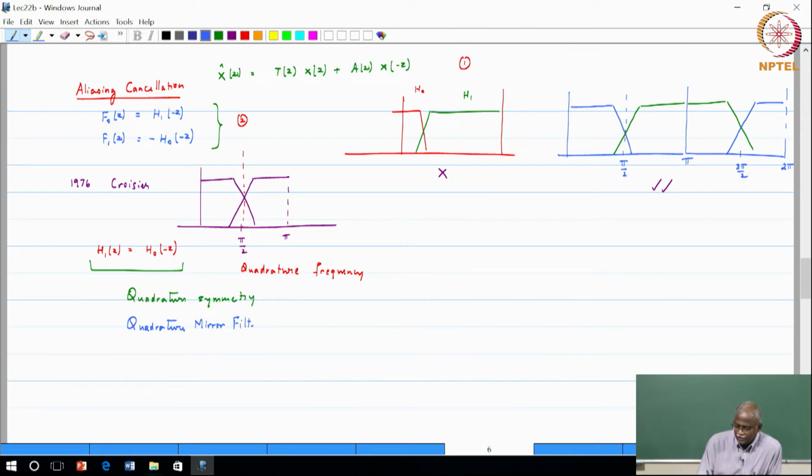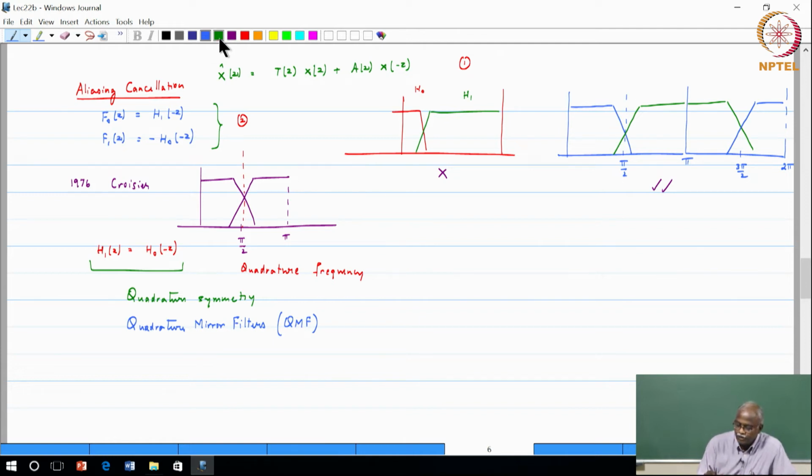In any filter bank literature you will see the acronym QMF, and now you know where it comes from. Quadrature mirror filters started from two channels with a certain symmetry around the quadrature frequency, and of course the aliasing cancellation constraint as well.